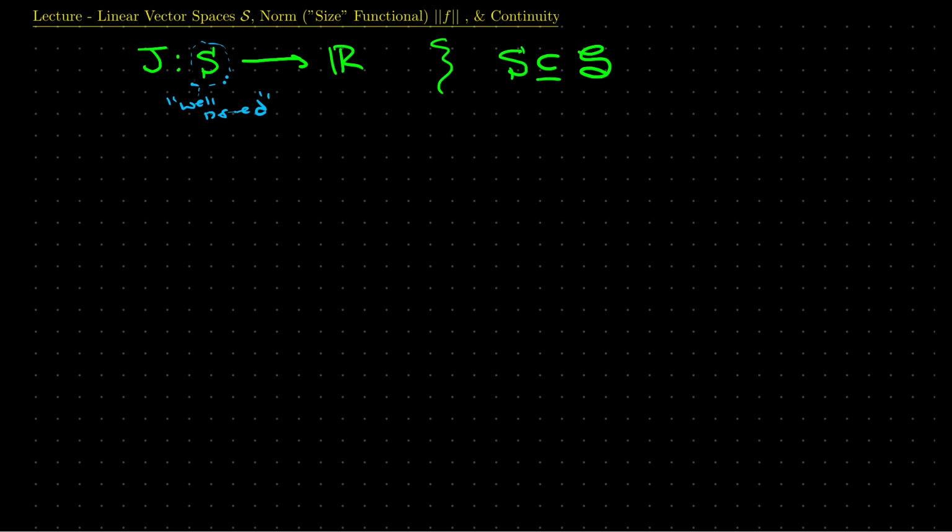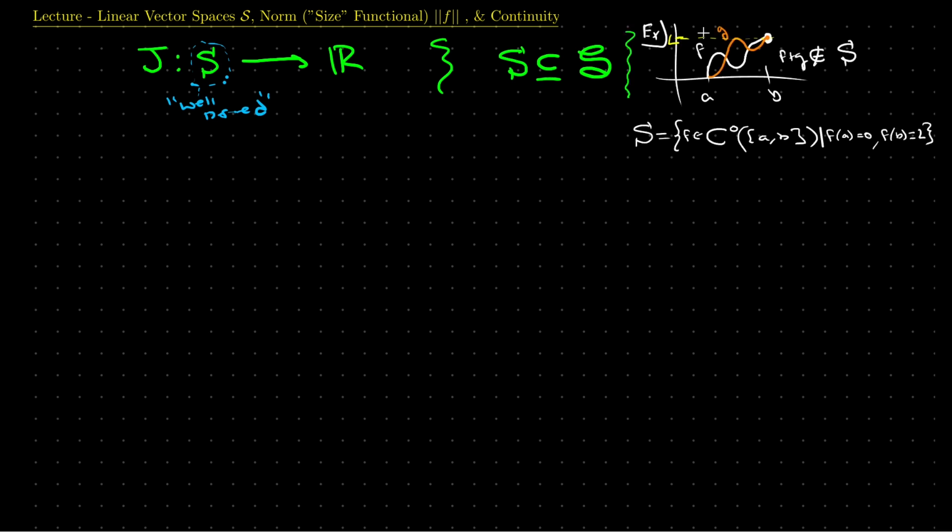For example, consider the following set S, where S is the set of continuous functions, so f in the set of all continuous functions on the interval from a to b, such that f is 0 at a, and f is L at b for some value L. For some interesting problem, this may be the set of functions that you want to maximize or minimize a functional over.